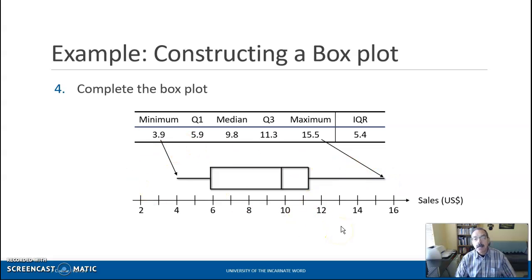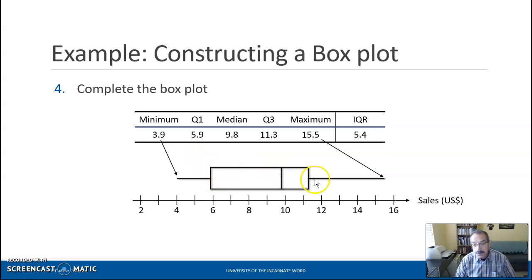That's it. And now, what is the box plot telling us? Well, the line in the middle, between the first quartile and the third quartile, is the median. That tells us that 50% of the data is below the median, 11.3, and 50% of the data is above 11.3.